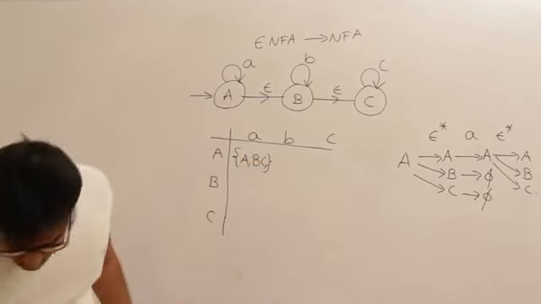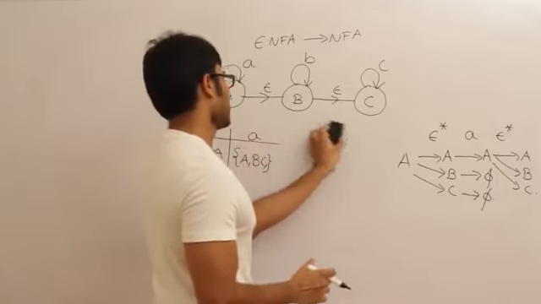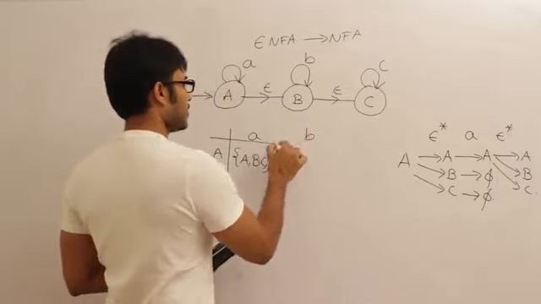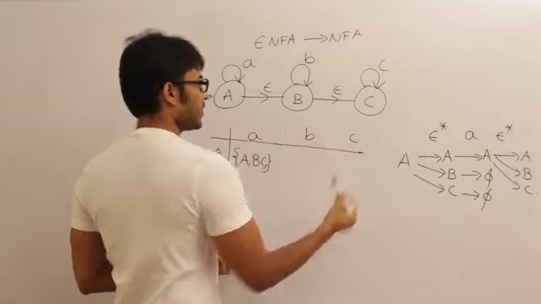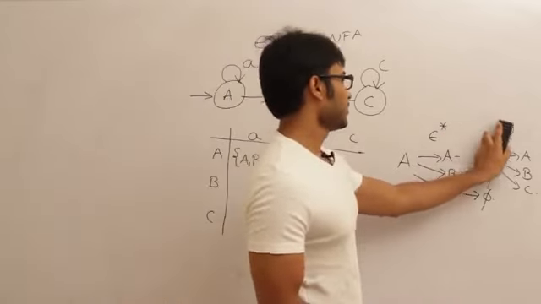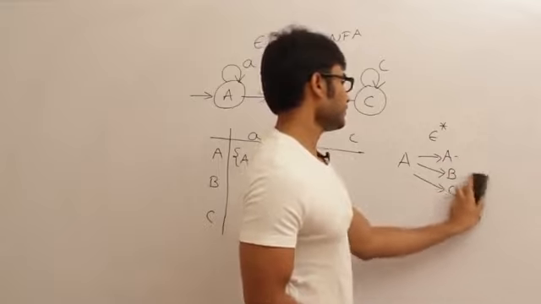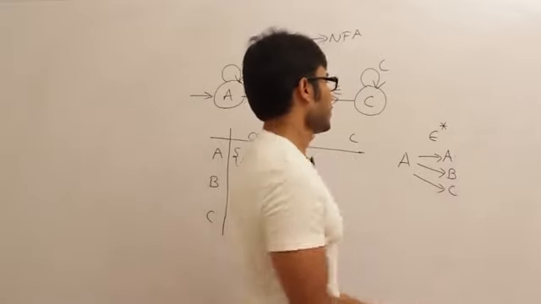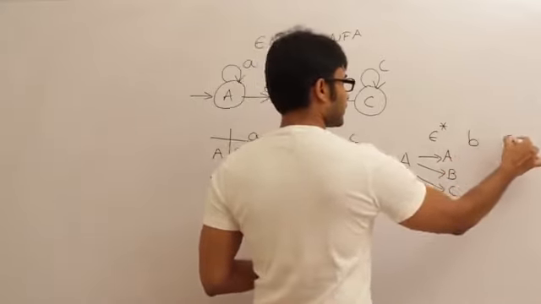Fine. And now we have to find out what happens on b and what happens on c for capital A. So everything remains same till here. Now I have to find out what happens on b.